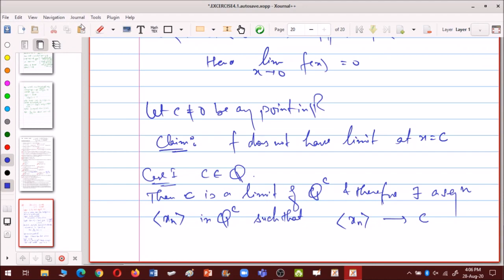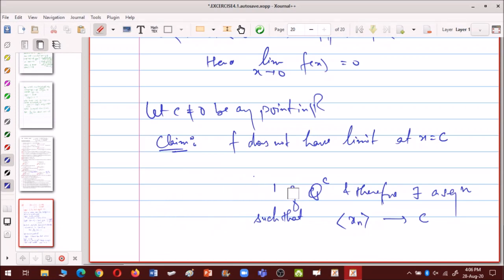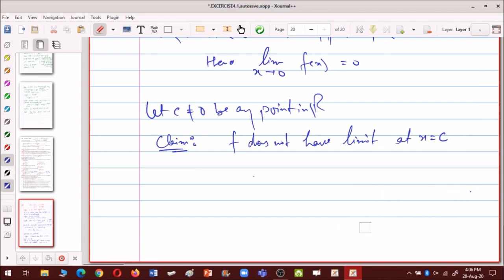Or we can directly prove this. We don't need to take the cases. What we can do is directly do both the cases together.